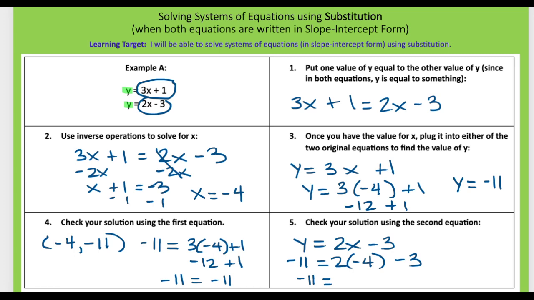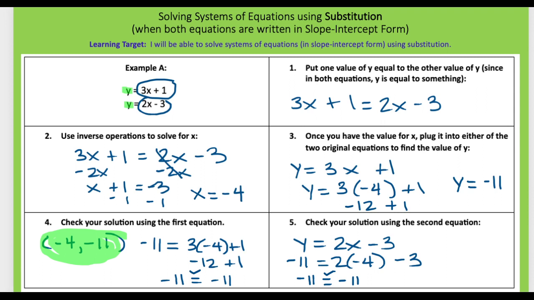And negative 8 minus 3 is negative 11. So since it checked on both of my equations, I'm going to feel confident that I got the right solution to this system of equations. The solution written as an ordered pair would be negative 4, comma, negative 11.